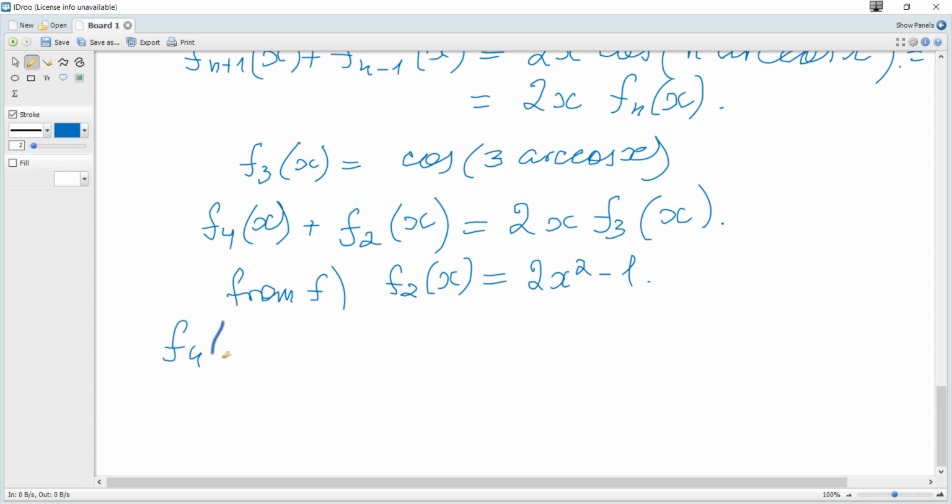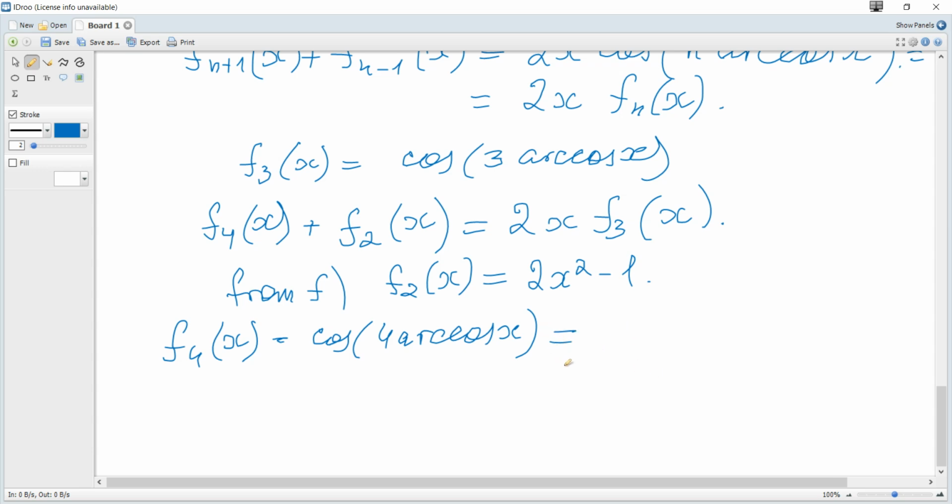What is f4(x)? It's cosine of 4 arccos of x, and definitely we need cosine over arccosine, so they can cancel each other.